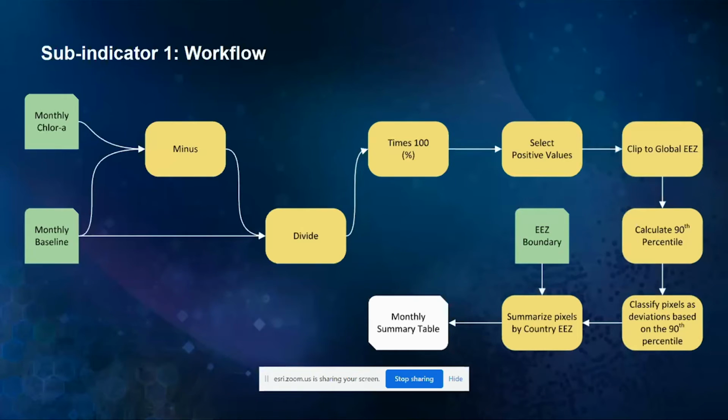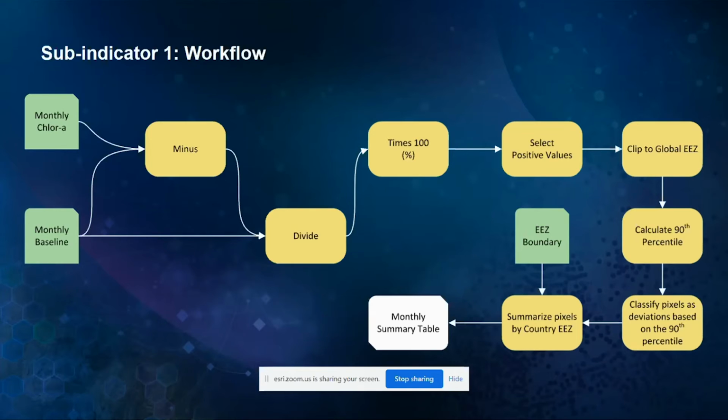Here we're showing the workflow, how the data was calculated. We have the monthly baseline derived from the 2000 to 2004 monthly average from January to December. And we had the monthly satellite reading for the chlorophyll-a. So we calculated the monthly chlorophyll-a minus the monthly baseline.